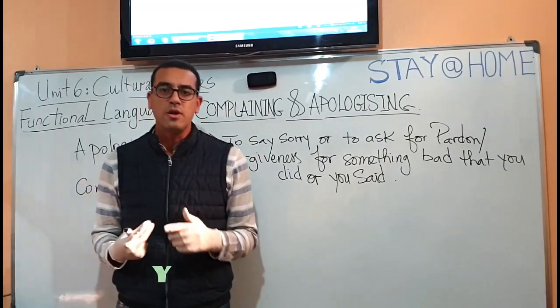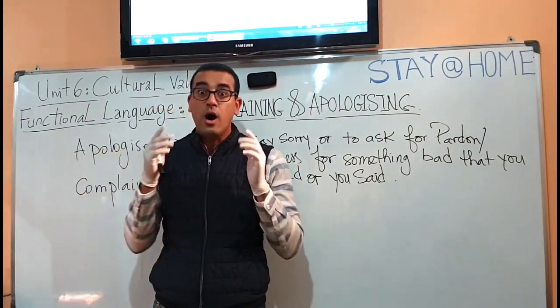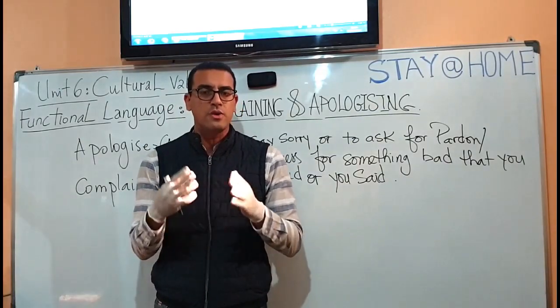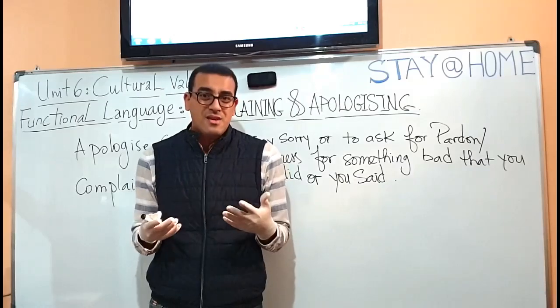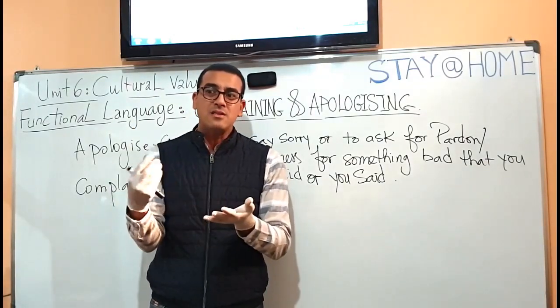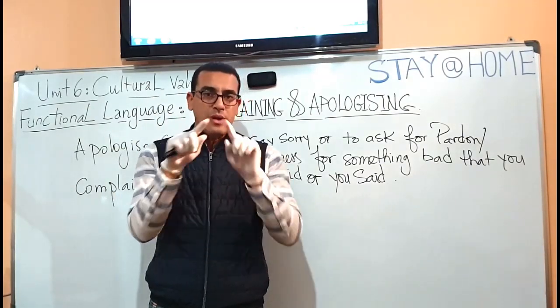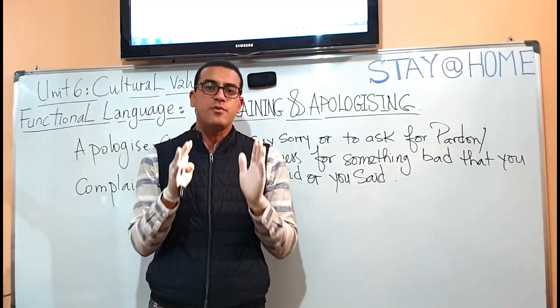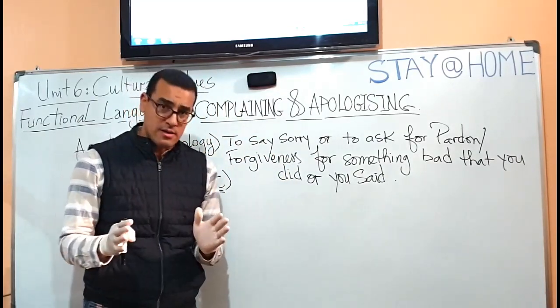Sometimes we say some words and we do not understand how harmful these words are. So we try to address some people with certain words, and we do not consider their feelings. We do not think about the impact and the effect of these words on the feelings of that person. So in this case, we have to ask for forgiveness and ask for pardon.